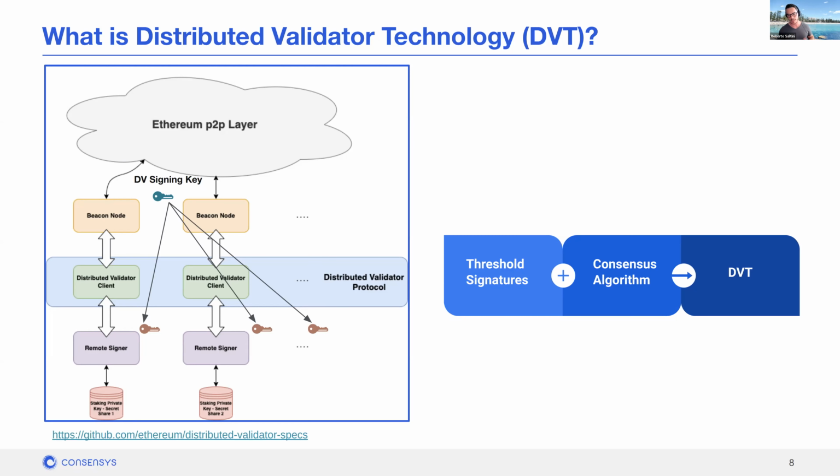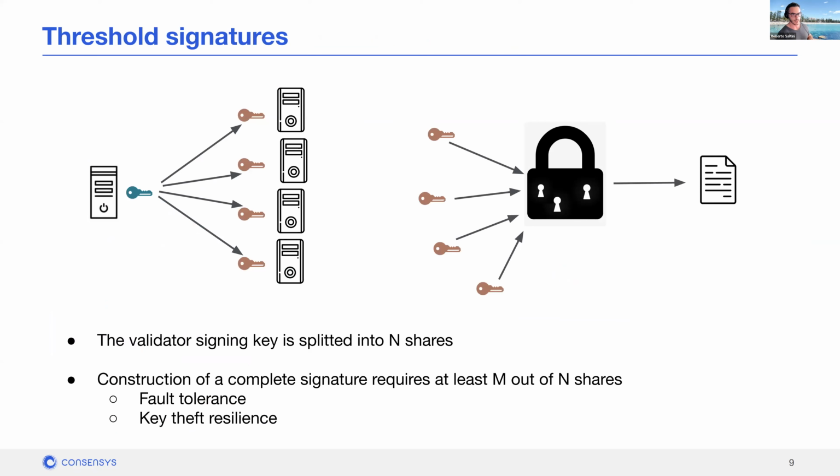And essentially, you can think of the components of DVT as threshold signatures, a consensus algorithm to get agreement and to coordinate everything, put together with additional logic to fulfill the requirements of the protocol. So let's look at the different components. As I mentioned, we have threshold signatures.